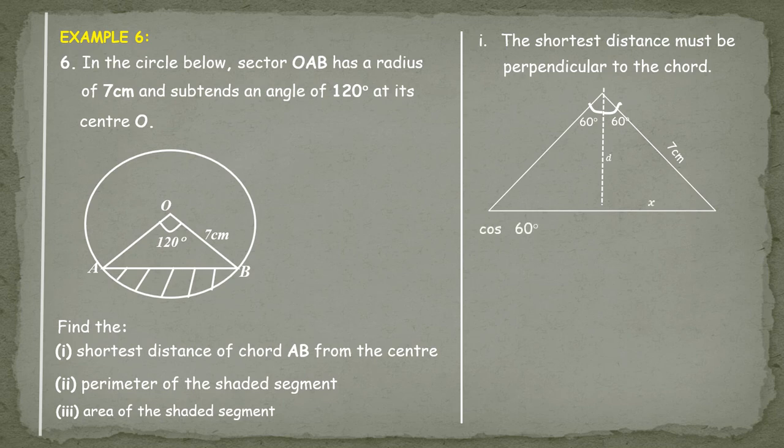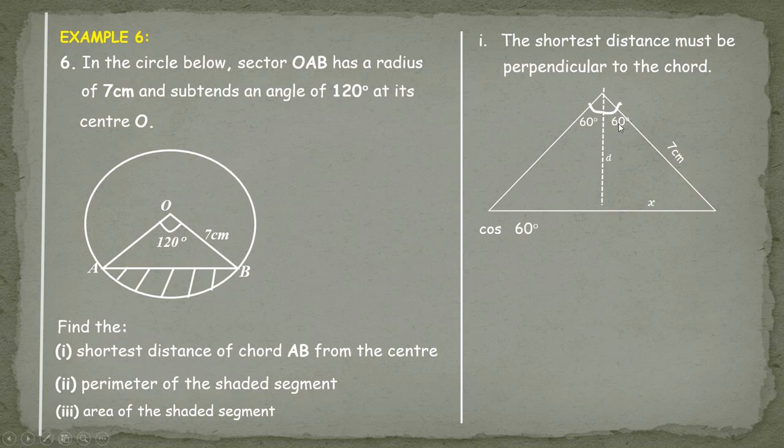So since this is a right angle here, this is the hypotenuse, this is the angle, and this is the adjacent. So using our knowledge of trigonometry, the cos of theta is adjacent, of which the adjacent is now d, over the hypotenuse, which is 7.